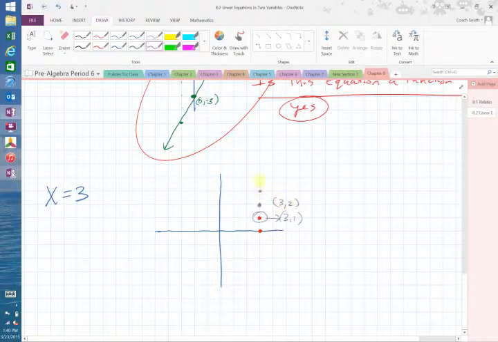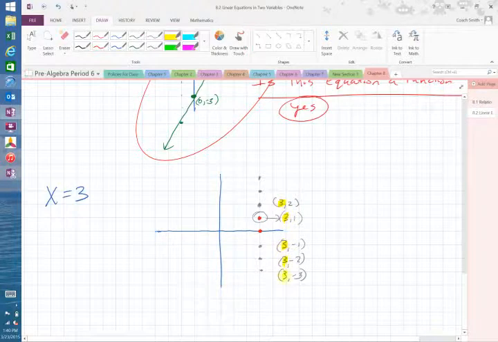So I could keep going up, or I could go down. This is 3, -1. This is 3, -2. 3, -3. So in all these cases, isn't the X coordinate equal to 3?